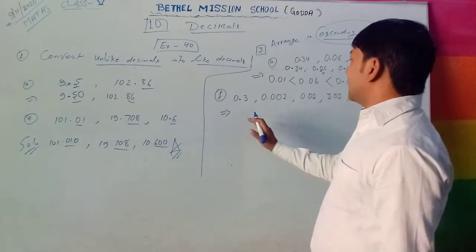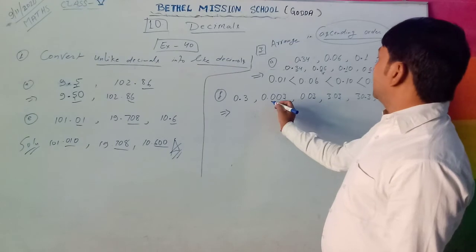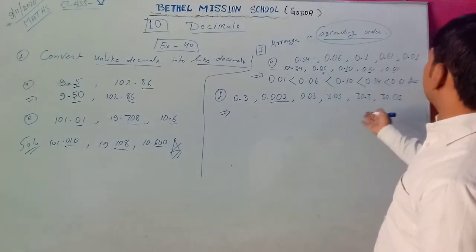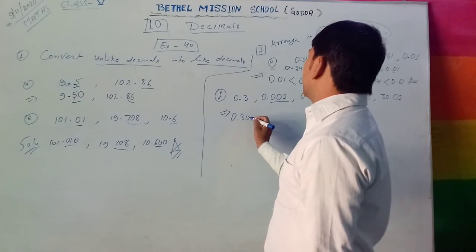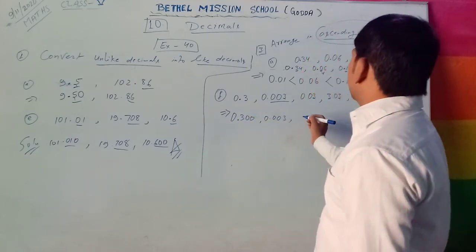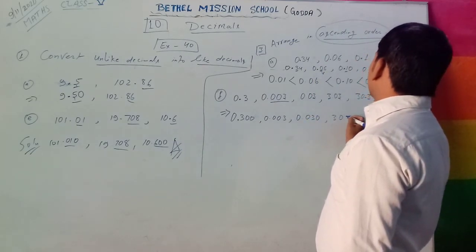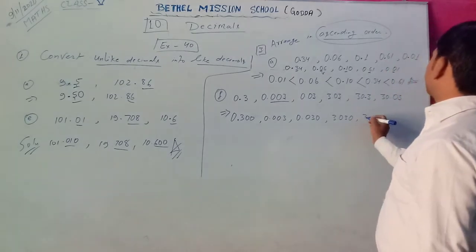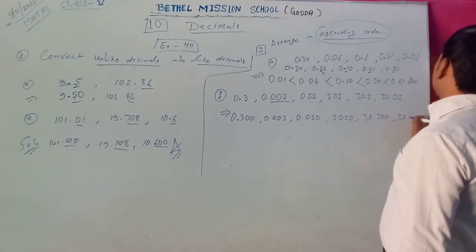Now next question. Also first convert into like decimals, maximum 3 decimal places. So convert: 0.300, 0.003, 0.030, 3.030, 30.300, 30.030.